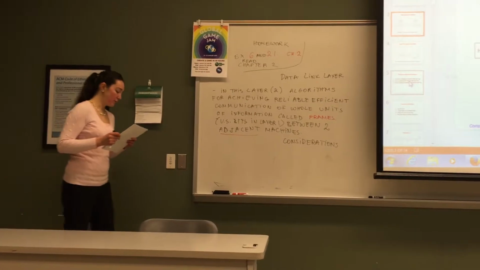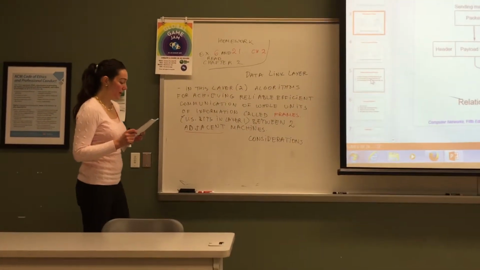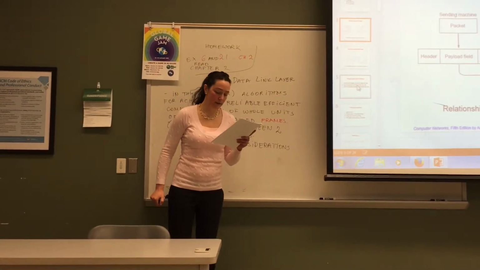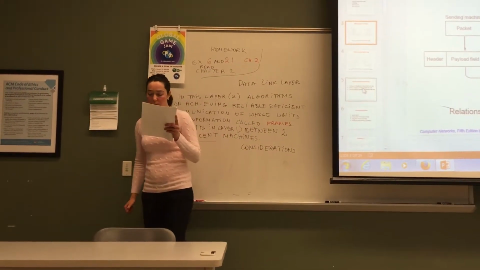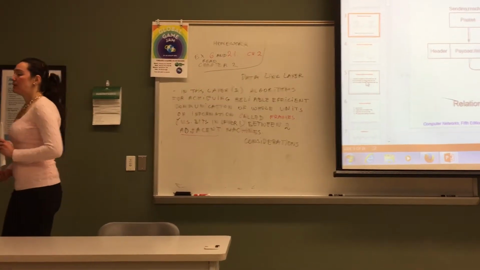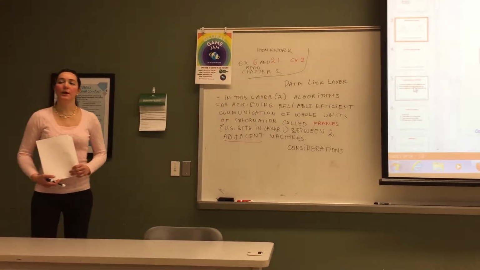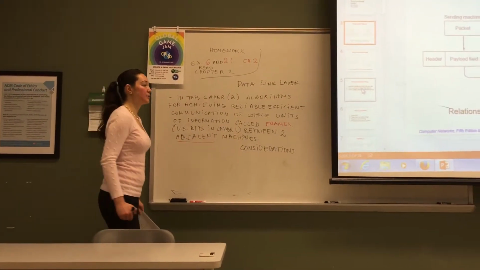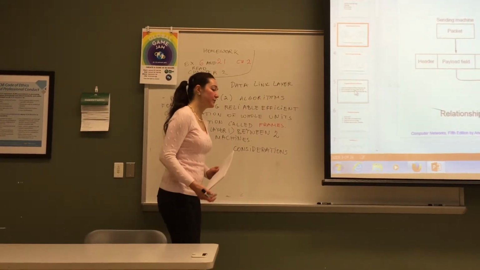There are electromagnetic waves that interfere with our signal. So there is noise. So in this layer, we need to deal with transmission errors in some way. We need to find ways to detect the errors, possibly correct the errors.